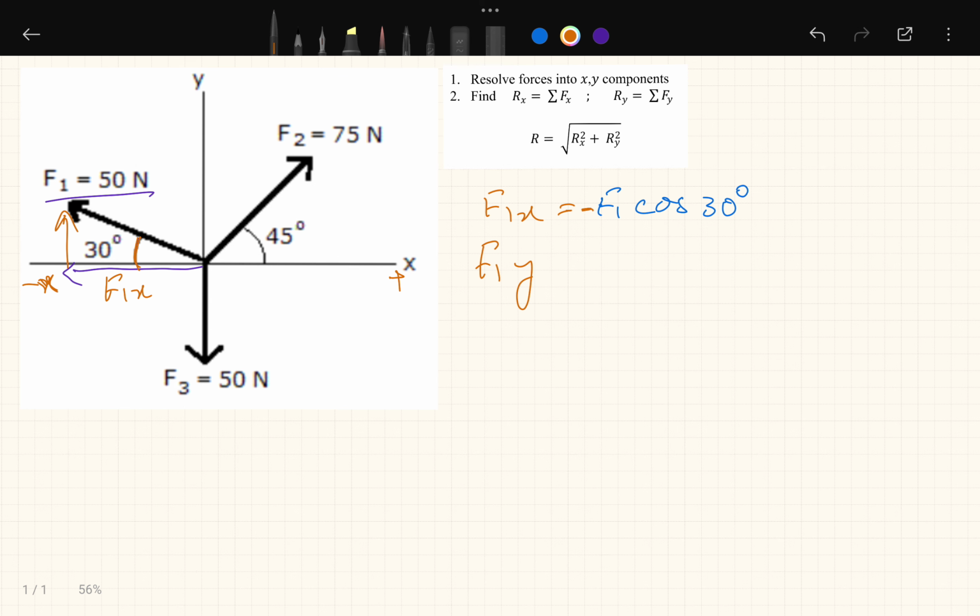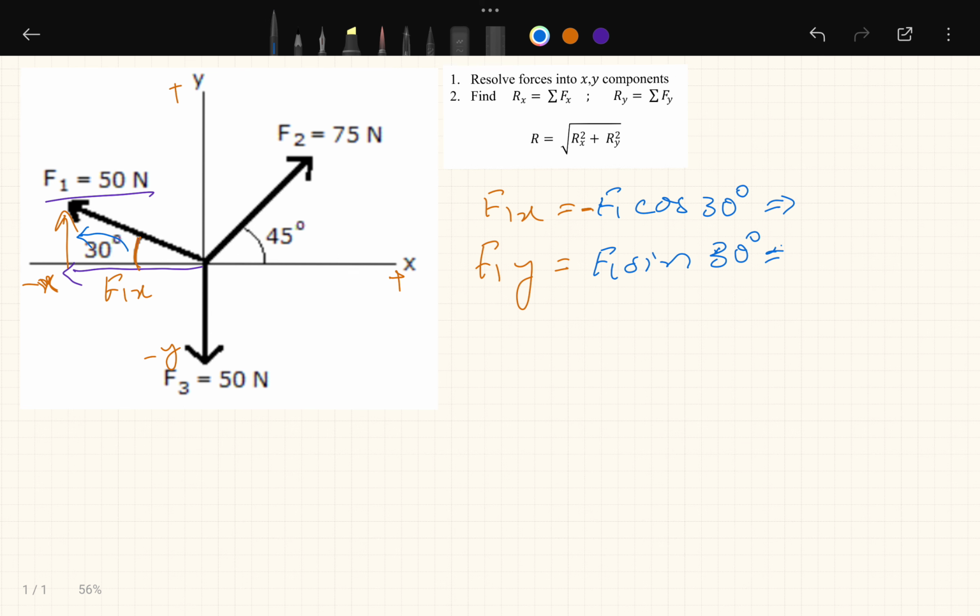X is negative, so we will use the negative sign with it, but y is in the positive y direction. It will come out to be F1 sine of 30 degrees because this is perpendicular to the angle. And so we got these two components.